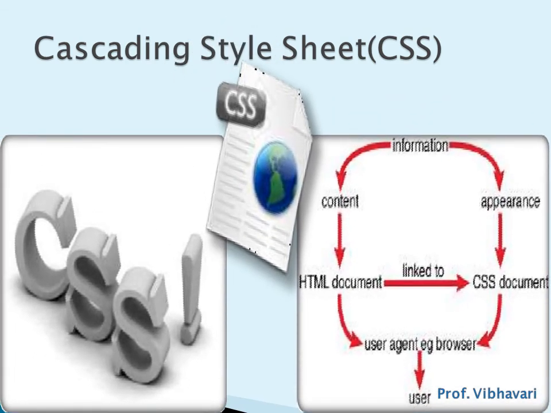Here I'm going to show you the flow of information. See this chart. If we have information or an idea to make an interactive web page or website, we can divide it into the content, that means the contextual information, and the appearance oriented information, meaning how the web page should look.